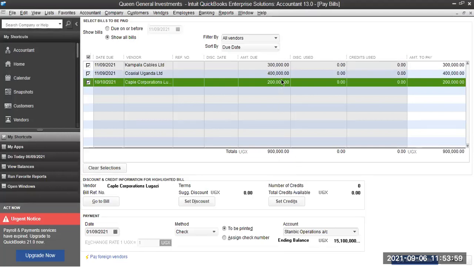That means you are going to pay a total of 900,000 because you are paying the whole amount. Then you come down here and select the payment method. We say that we are paying by cash.